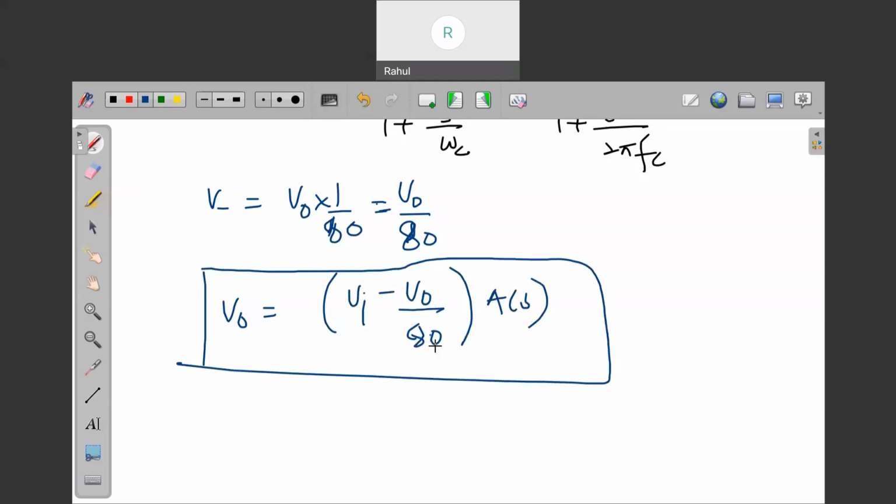So now what you can do here is take the multiplication and take this V naught common.